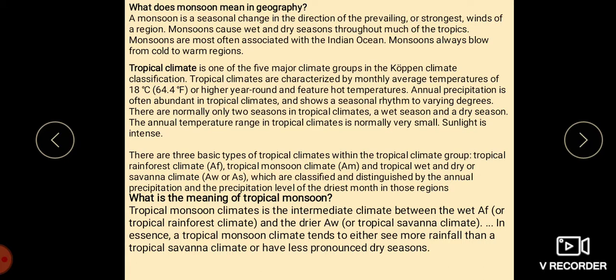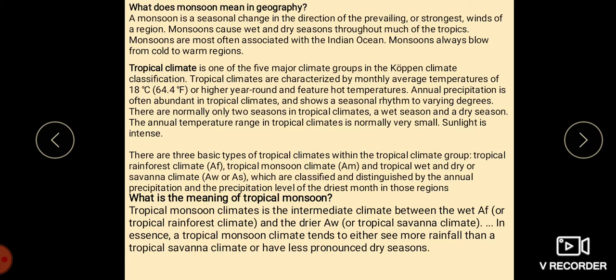There are normally only 2 seasons in a tropical climate, a wet season and a dry season. The annual temperature range in a tropical climate is normally very small. Sunlight is intense. There are three basic types of tropical climates within the tropical climate group, children.